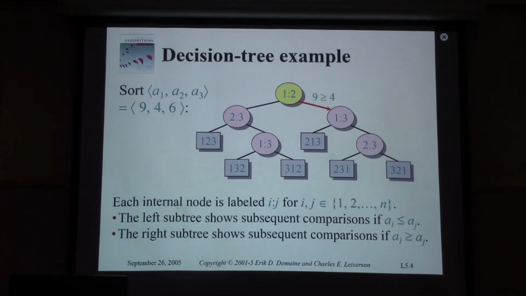If 1 is less than 2, but 2 is not less than 3, then 3 is less than 2. Now we have to decide about 1 and 3, because we know 2 is going to be the maximum value. If 1 is less than 3, we go 1, 3, 2. Otherwise, we go 3, 1, 2. Does that make sense?